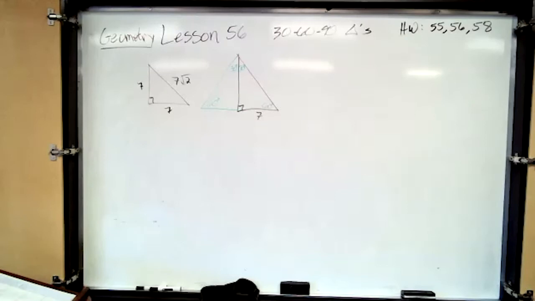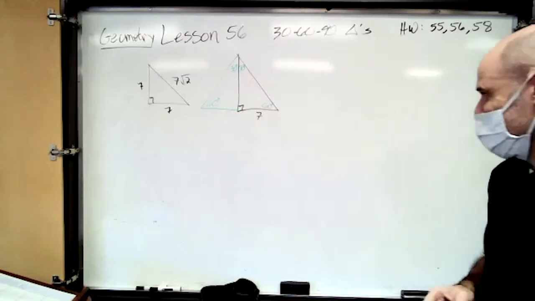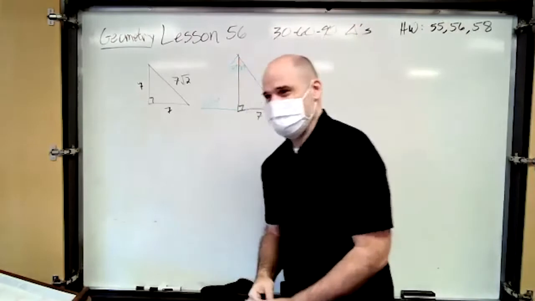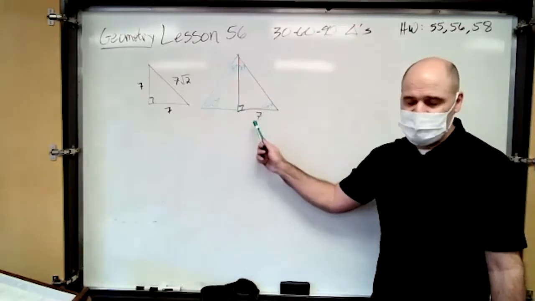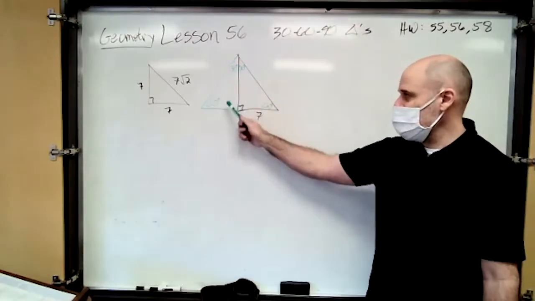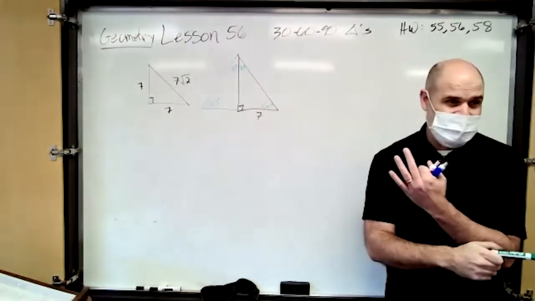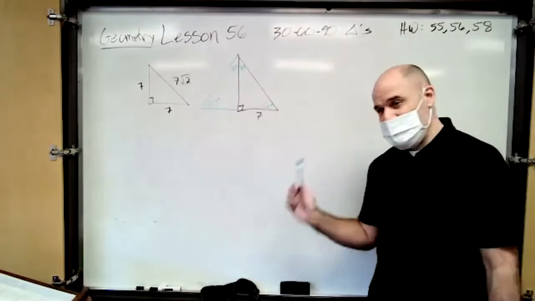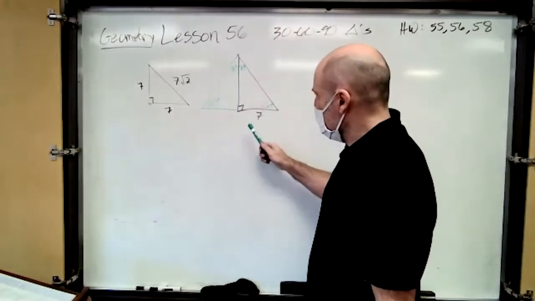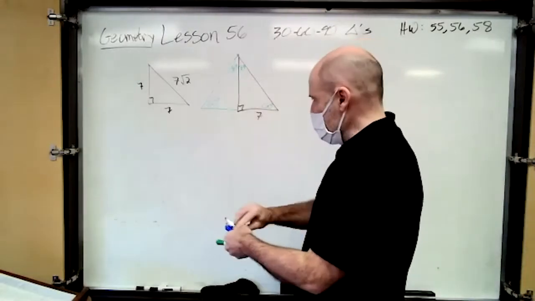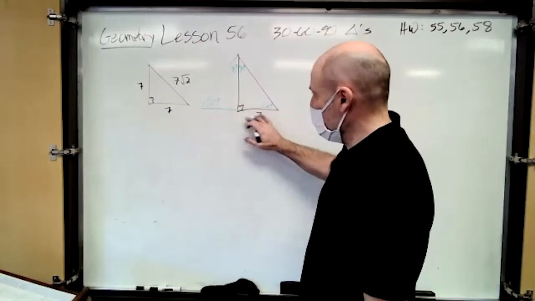Spaghetti and meatballs? Is that what you're thinking? Isosceles. It is officially an isosceles triangle, but isosceles is at least 2 sides the same. But all 3 are the same. So what is that? Equilateral. Okay, so if this is equilateral, that means all these sides are the same.